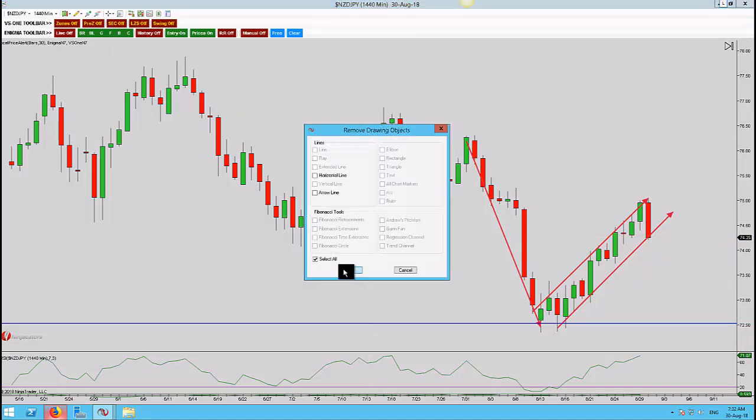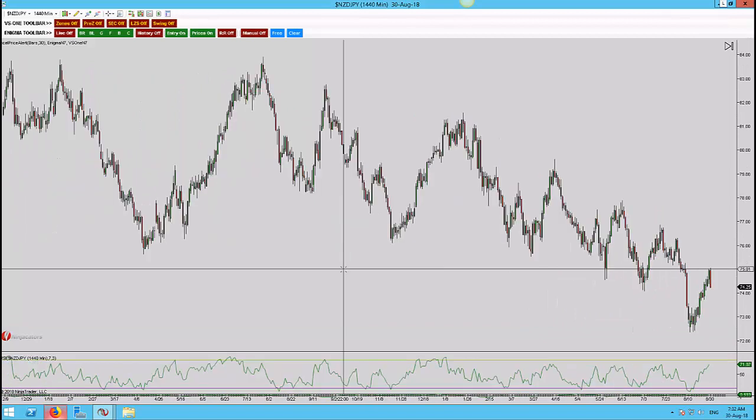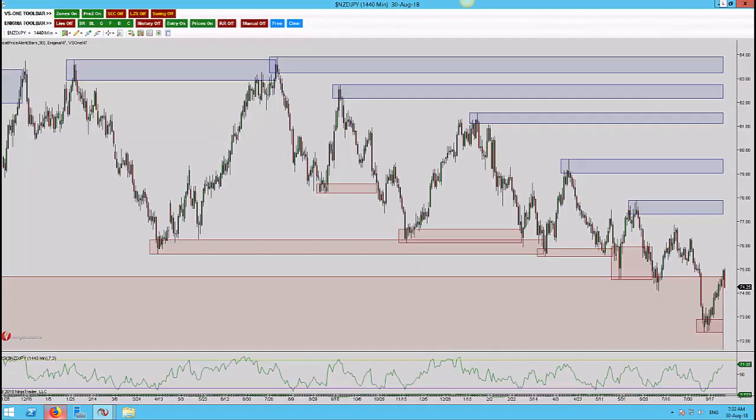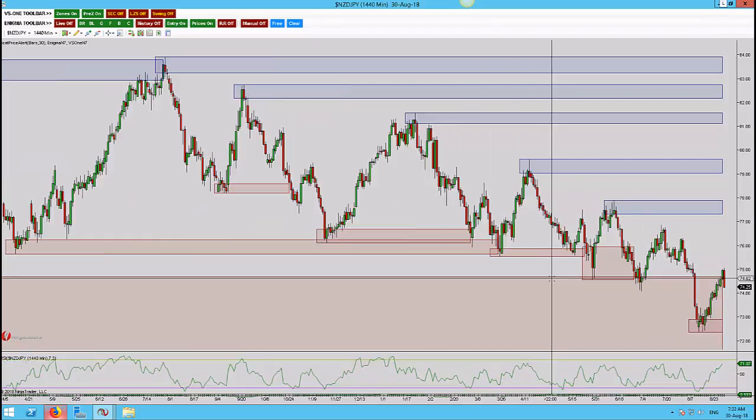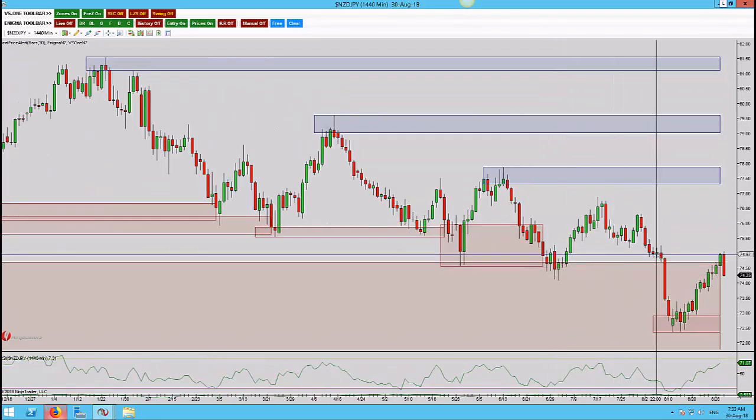I'm just going to zoom out, and 1 second while I refresh the screen. Okay, so I brought on the VS1 levels, and you can see that what's actually happened if I put a structure level in here.